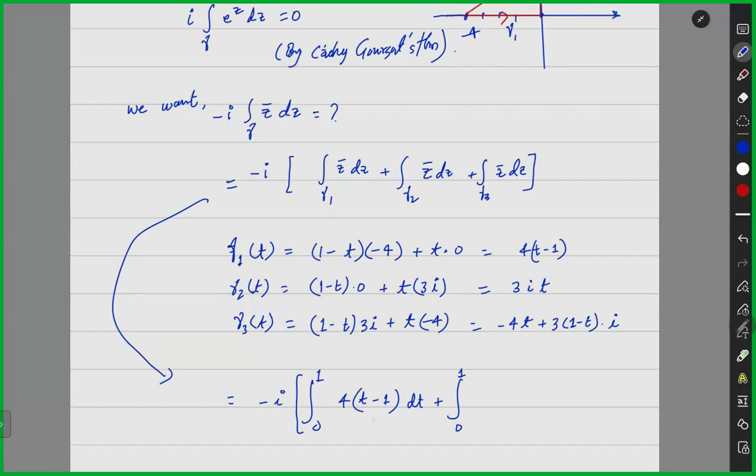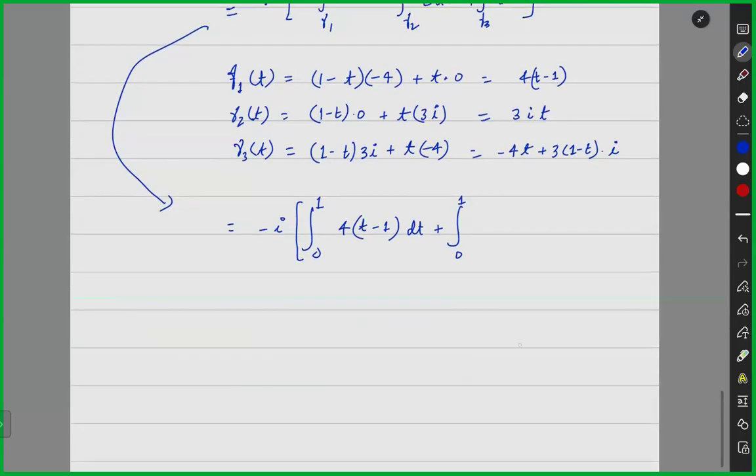Why am I not writing the bar here? Because 4t minus 1 is just a real thing, there is no imaginary part. So we just put 4t minus 1 times gamma prime t. If you remember, when we integrate f of z dz over gamma, it is the integral from a to b of f of gamma t times gamma prime t dt. I did not write this gamma prime t, so there will be some error, so we are going to modify our errors.